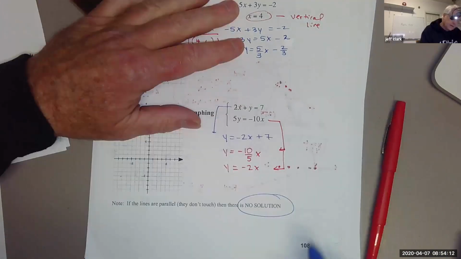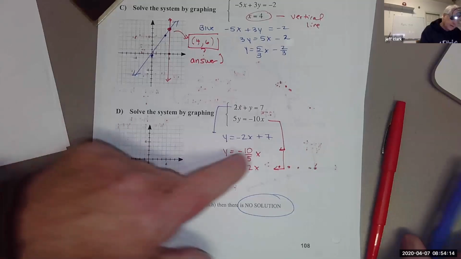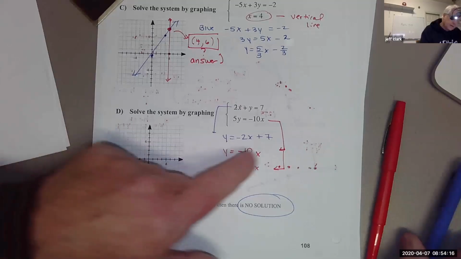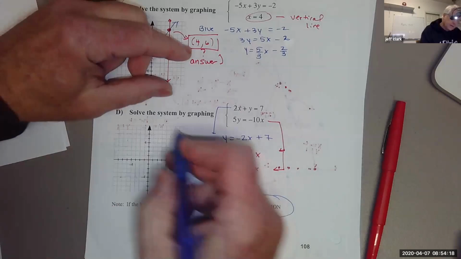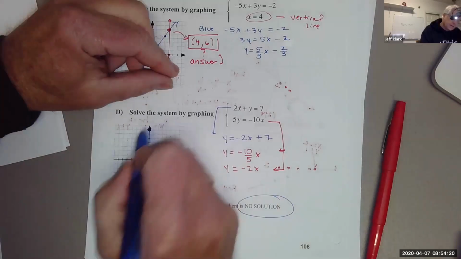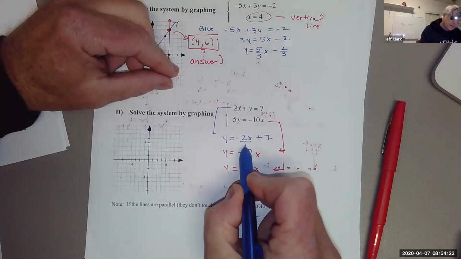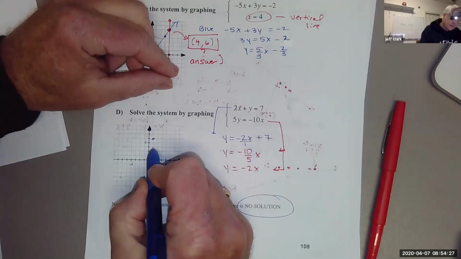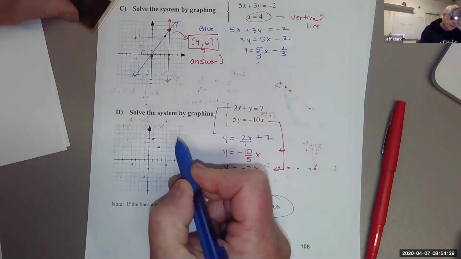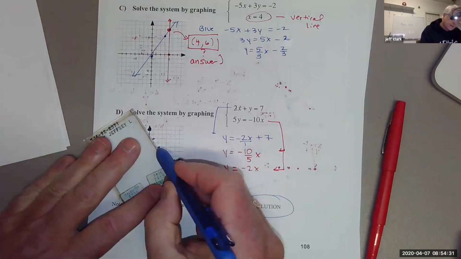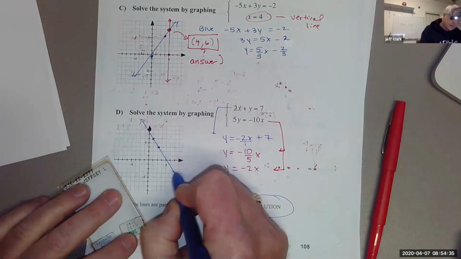If you wanted to graph it, you'd start at 7 right here. That's 4, 5, 6, 7. You'd start at 7, and then you would go down 2, right 1. Now, where would you start with this one?